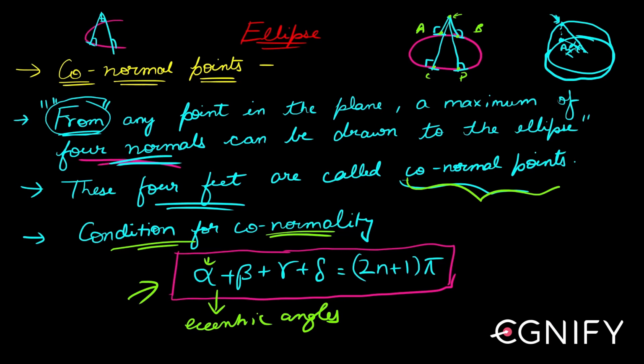This point here, which is on the auxiliary circle and perpendicular to the major axis, in that direction of A, then that point subtends an angle alpha. So you have 4 points and their eccentric angles. Their eccentric angles must sum to an odd multiple of pi. That is the condition for your 4 points to be co-normal points. So with this, this is the only result that you need to remember about co-normal points. Let's move on to the next subtopic.